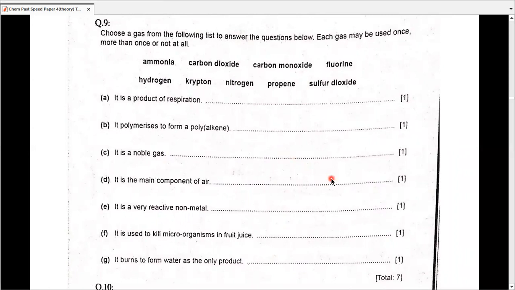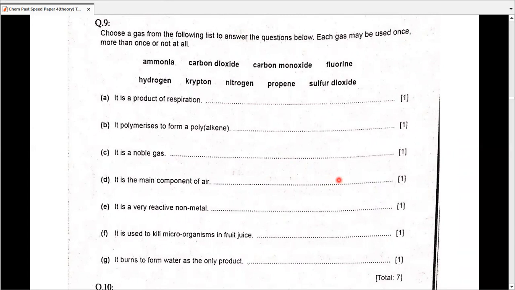Yes. Choose the best from the following list to answer the question. It is a product of respiration. General knowledge, not exactly chapter 3. Yes, that was carbon dioxide, right. More of a chapter 1 question.